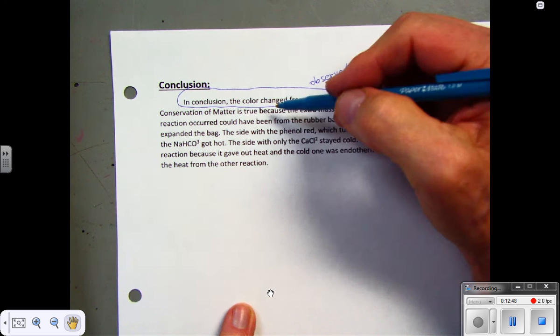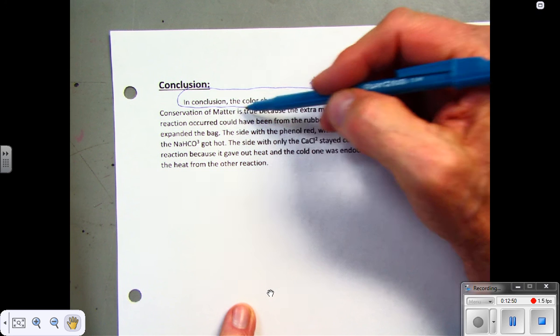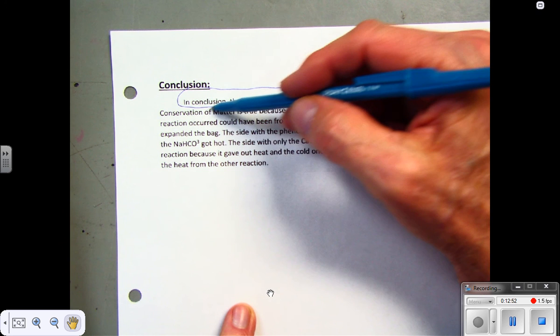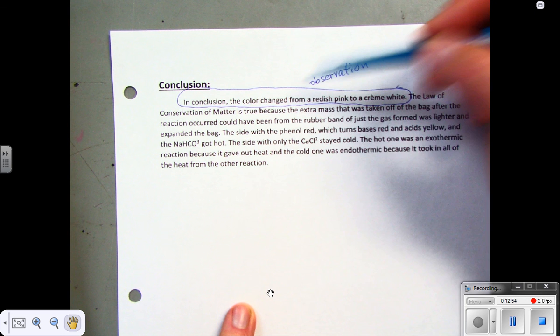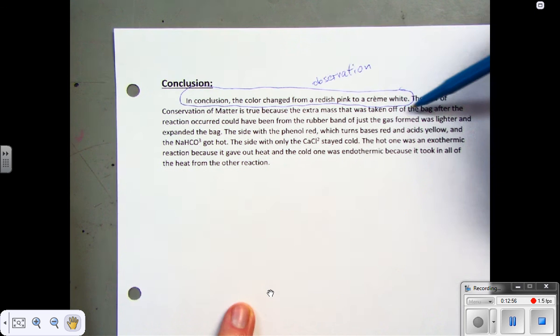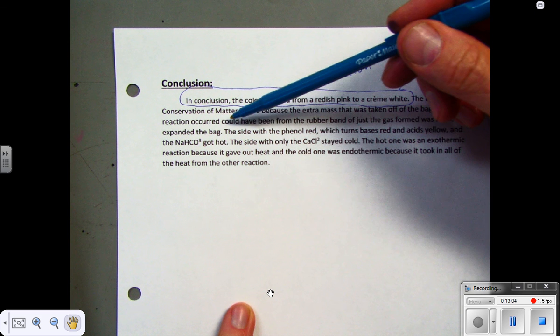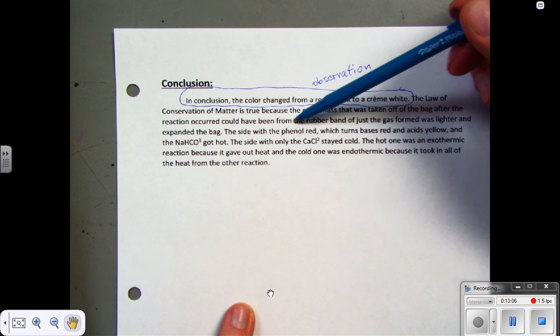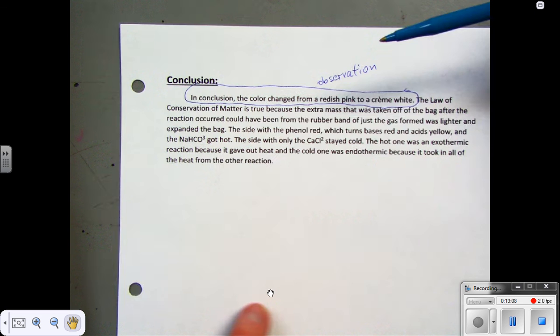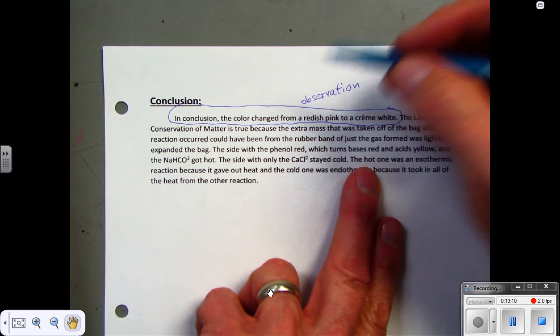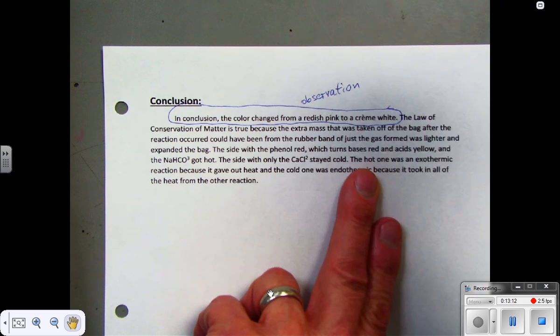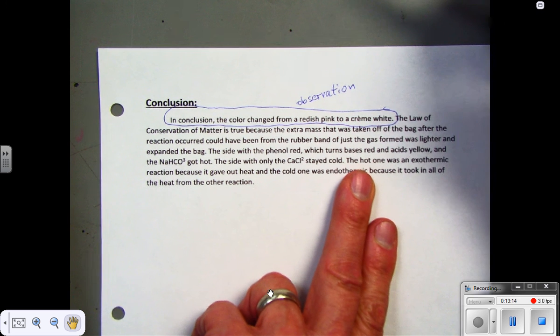The law of conservation of mass is true because the extra mass was taken off of the bag after the reaction. What does that mean? Could have been from, oh, you're explaining this. Okay, this is an observation. It should be in your observation section.